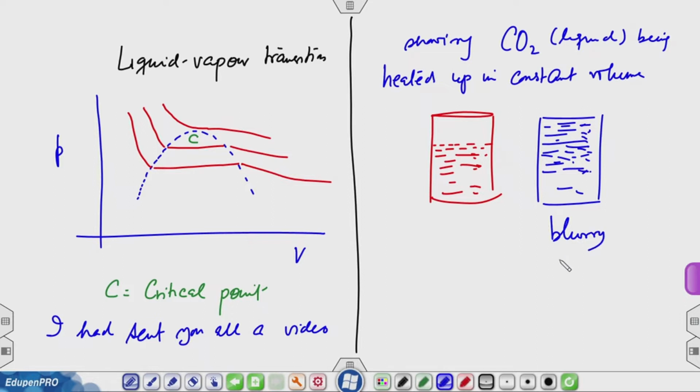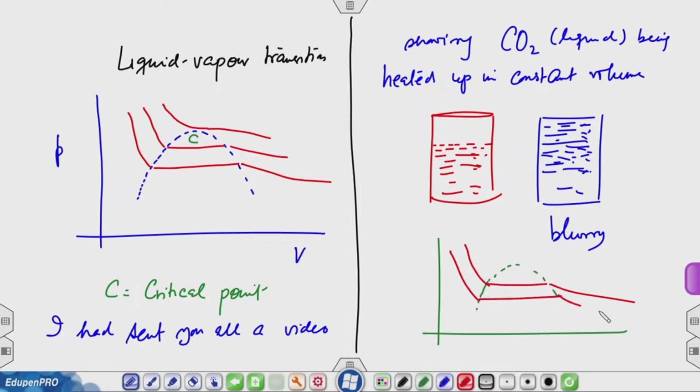So what you are doing on the PV diagram is increasing the pressure by raising the temperature, and you are going this way, at some volume, let's call it Vc.